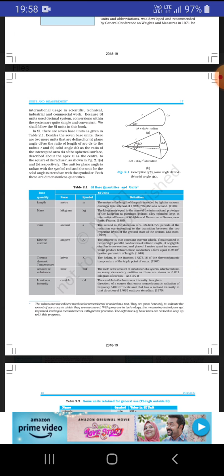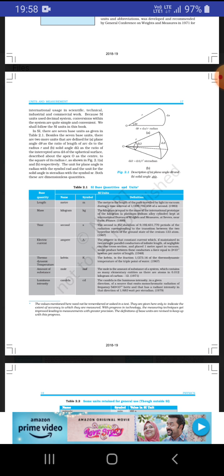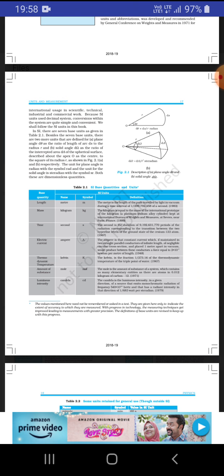Here we can see the seven base units: length, mass, time, electric current, thermodynamic temperature, amount of substance, and luminous intensity.